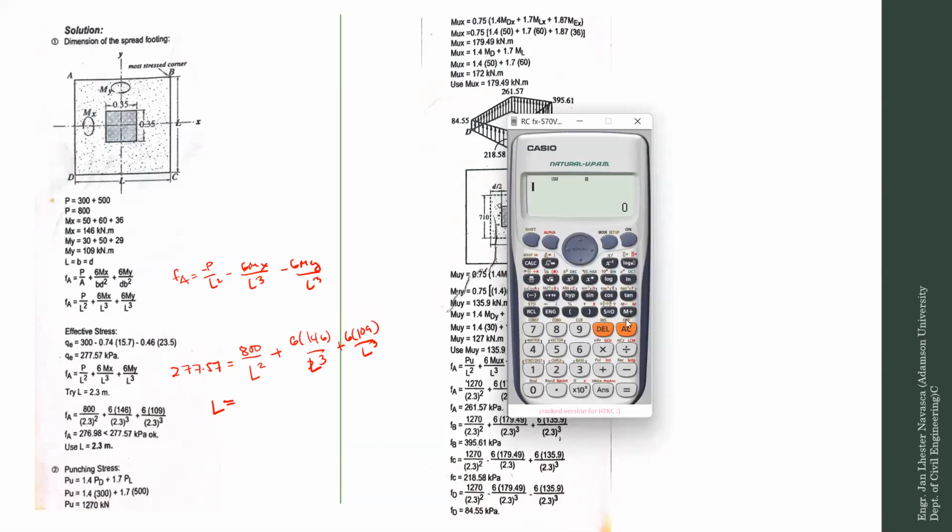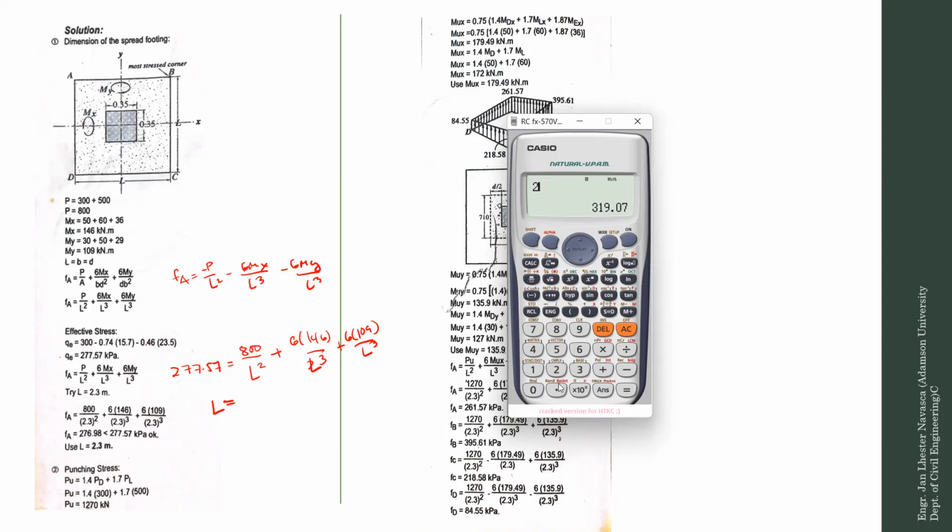So 277.57 equals to, okay, 800 over x squared plus 6, 146 over x cubed plus 6, 109 over x cubed.